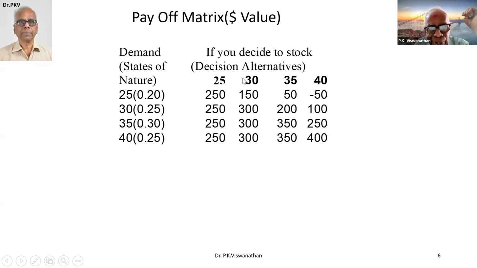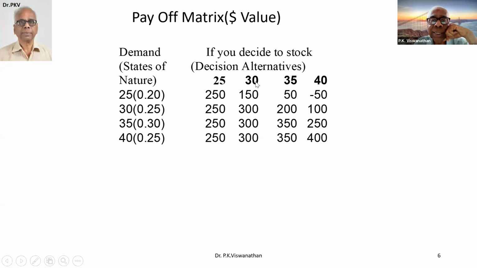Supposing I decide to stock 30 dozens, demand is 25. There is a problem. There is excess stock of 5 dozens. So for the 25 dozens which I sell out of the 30, I make $250. But the 5 dozens extra, which is excess stock, I lose $20 each, and therefore I lose 5 into 20, $100. 250 minus 100, it will be only $150.